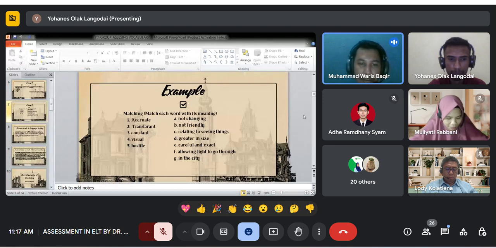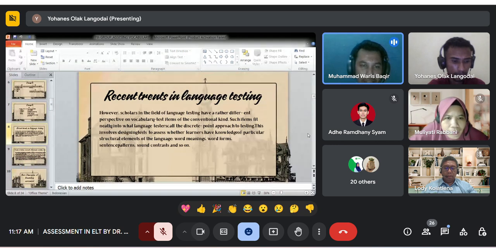For example, accurate. What is accurate? Is it not friendly, or not changing, or careful and exact? They can put the right line, sesuai dengan definisinya. Next slide please.